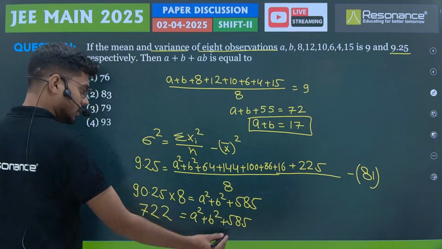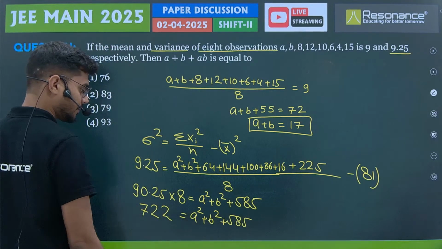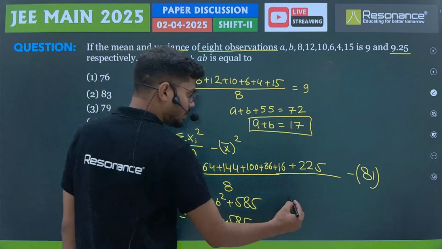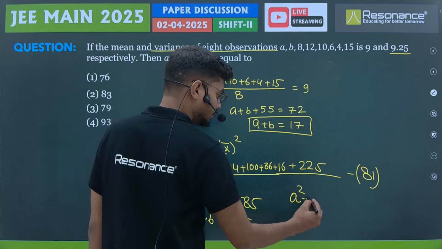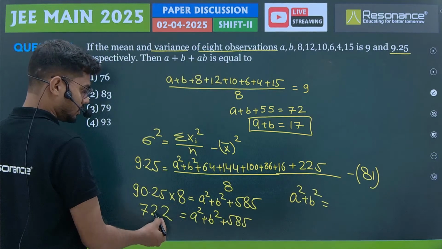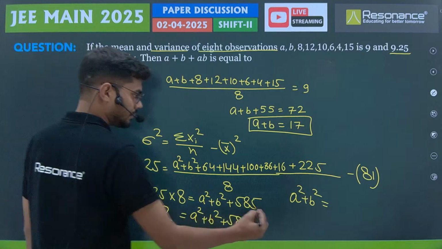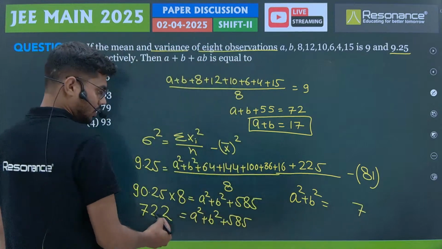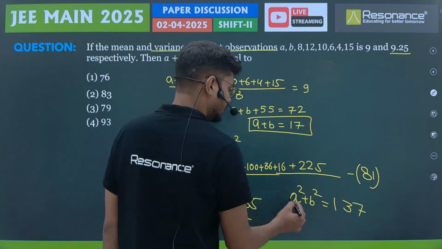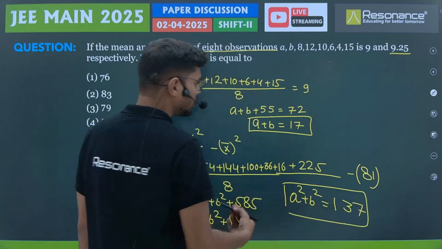Subtract this, so that a square plus b square is going to be 137.